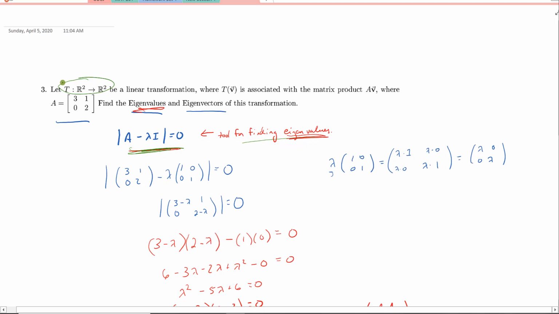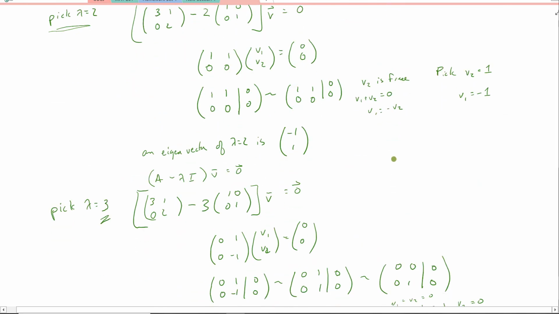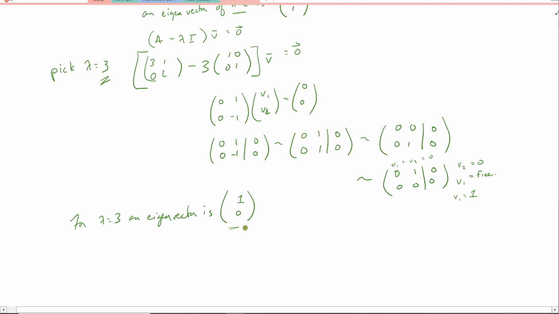However, vectors of the form negative 1, 1 will only get stretched by a scalar, namely by a factor of 2. And vectors of the form 1, 0, or any multiple of that vector, will get stretched by a factor of 3 under this linear transformation. Folks, we're going to do another more challenging example in the next video, but please let me know if you have any questions on this.